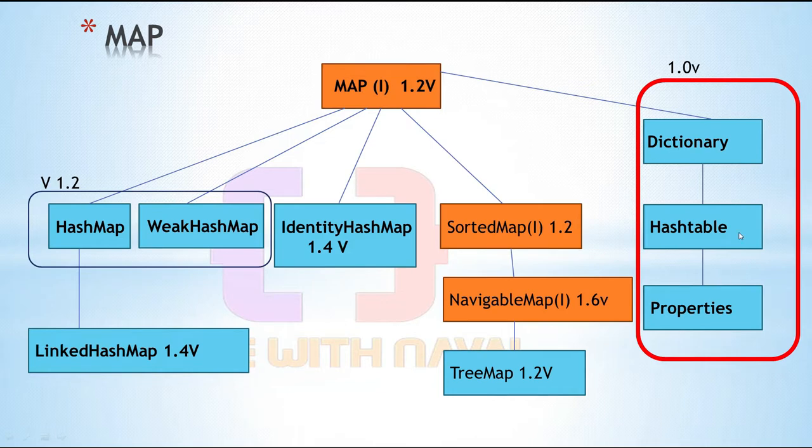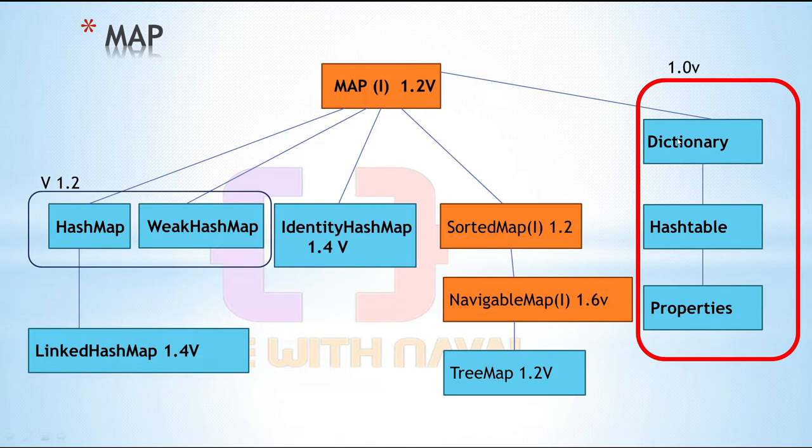And here we have some legacy classes: Dictionary, Hashtable, and Properties. Legacy classes means old classes, introduced before the Map concept. Map was introduced in 1.2 and these classes were introduced in version 1.0. That's why we call those classes legacy classes.